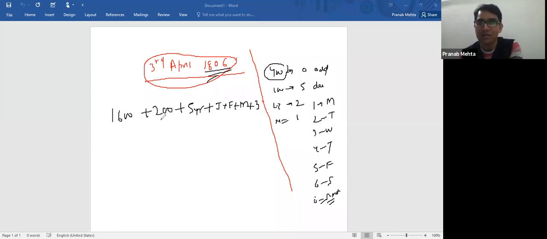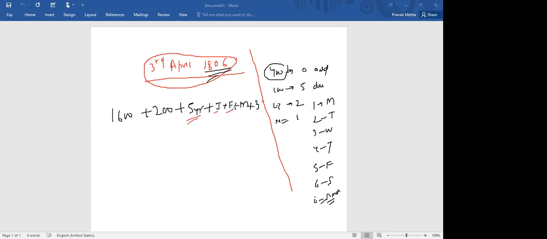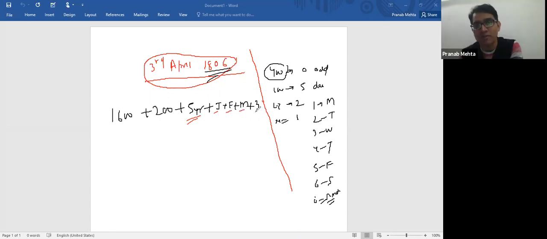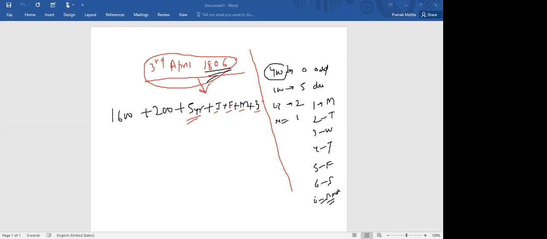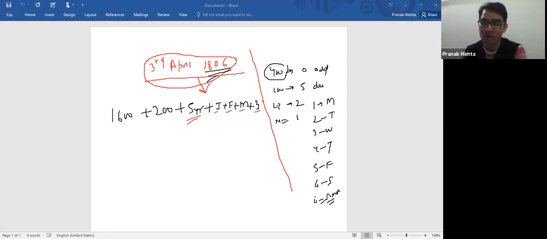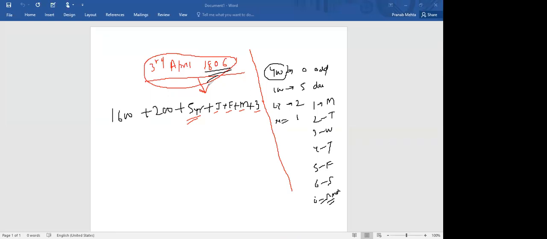Then I add another 200, so I have got 1800 years. In 1806, only January, February, March, and 3 days of April have got over, but 5 complete years have got over. So that is why I have written 5 years here. January has got over, February has got over, March has got over, and 3 days of April have got over. So the whole of this data, I have split in this way. Any doubt till here? I'll take one more example, but right now, any doubt?